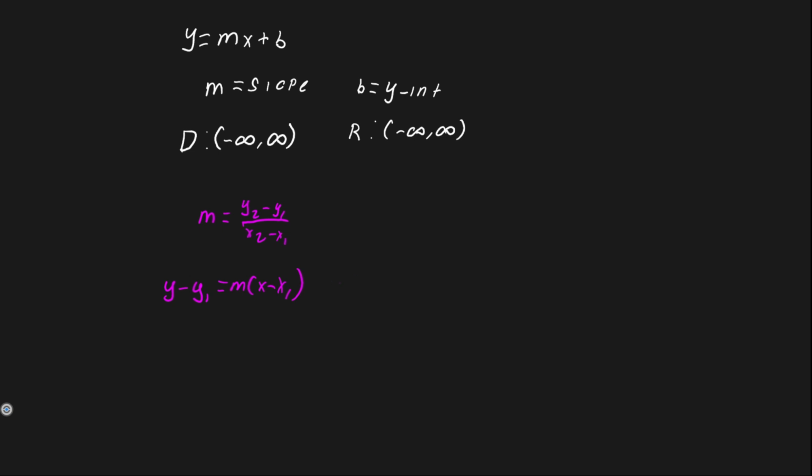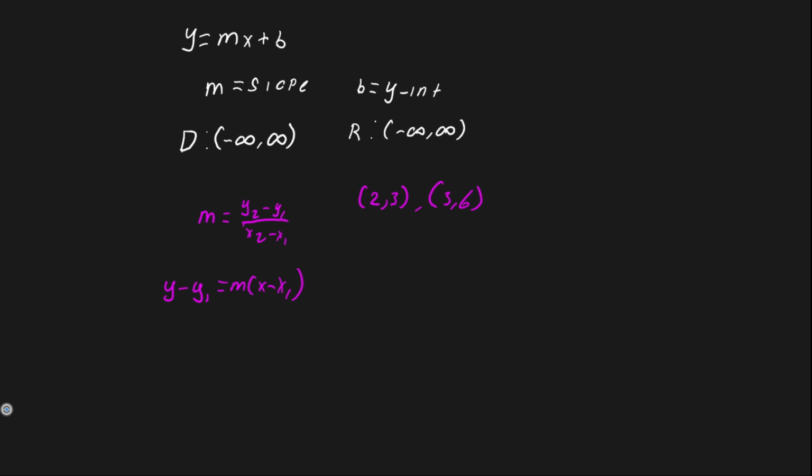So we're going to go ahead and look at a line that passes through the point 2 comma 3 and 3 comma 6.